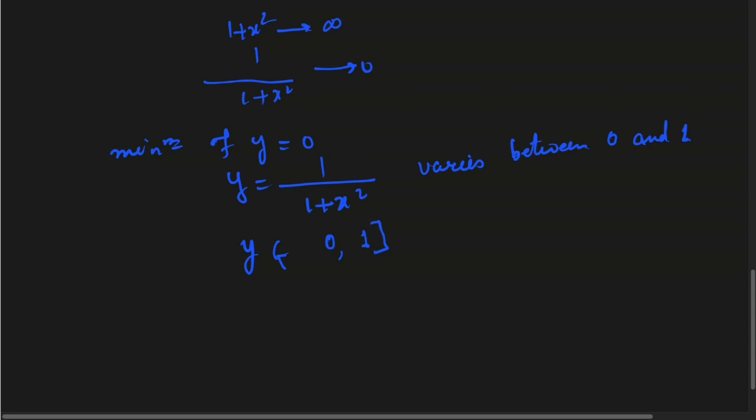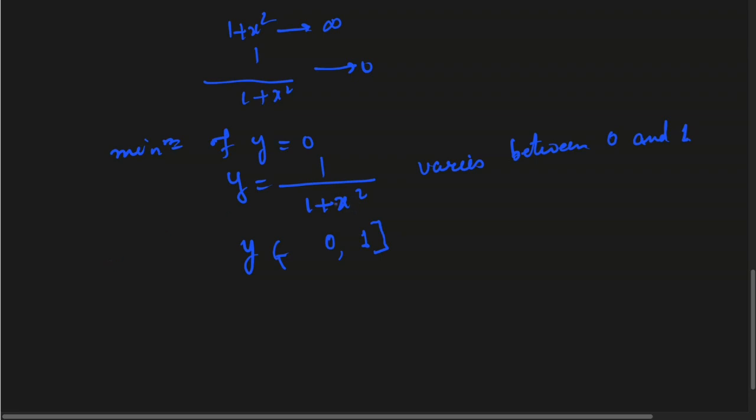So when we put 0, we get y equals 1, so 1 is included. When does the value of y become 0? The value of y becomes 0 when x becomes infinity, and infinity is never included in the domain of any function. We always put a small bracket in front of infinity to show that infinity is not included in any domain.